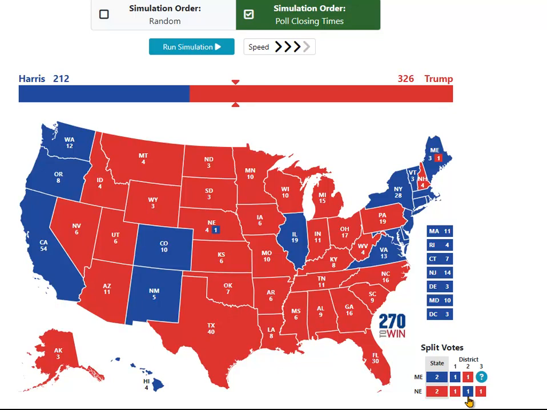Kamala Harris apparently got 3 in Maine, but Trump got 1. In all other 48 states, winner takes all. And that is the electoral college.